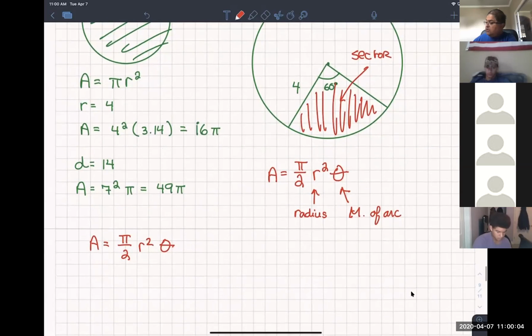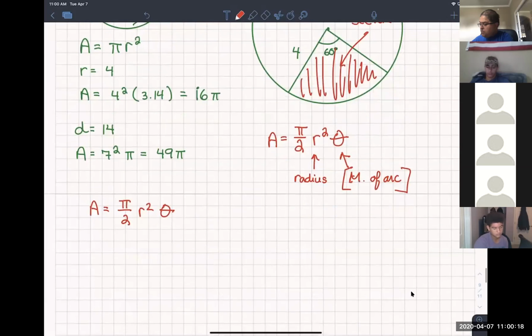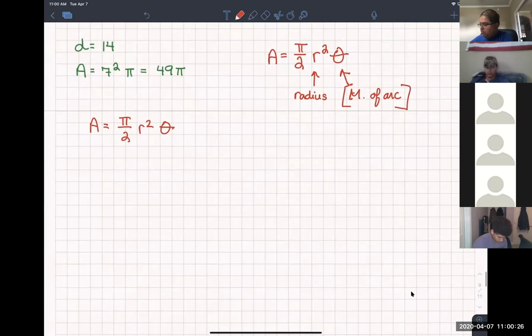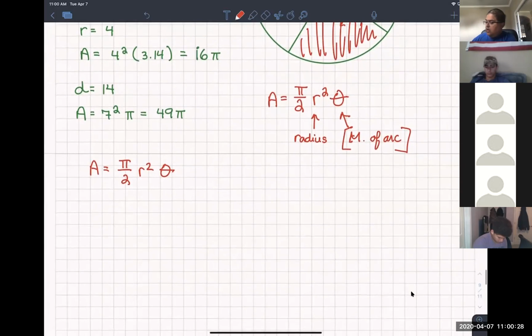Okay, so let's talk about this measure of the arc. Hold on one second. Oh, okay.